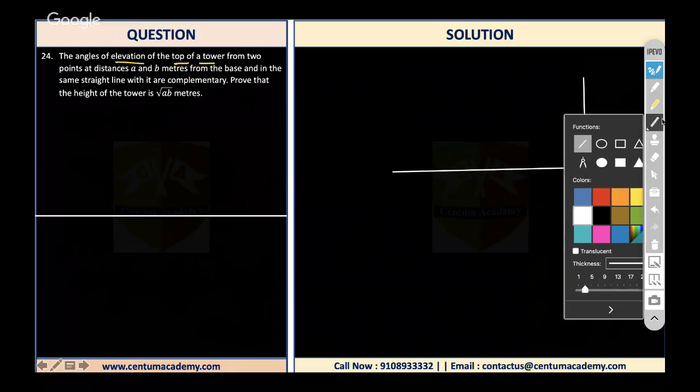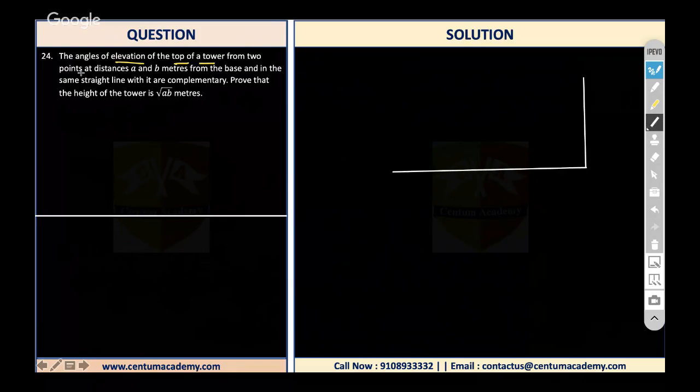Now, from 2 points at a distance A and B meters from the base, and in the same straight line with it, the angles of elevation of the top of a tower are complementary.